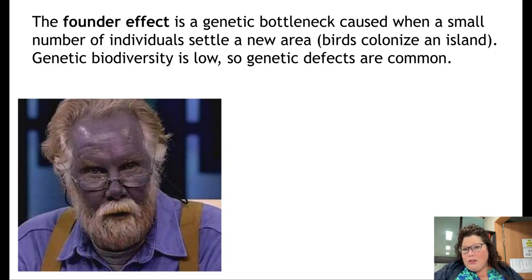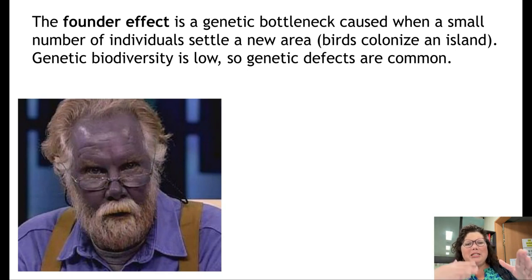A great example here are the Blue People of Kentucky. This is a group that moved to a very, very remote area of Kentucky and started having families, and unfortunately we had a lot of inbreeding, and this genetic defect passed on, the genetic defect that actually turns their blood blue, so they have this blue appearance through their skin.